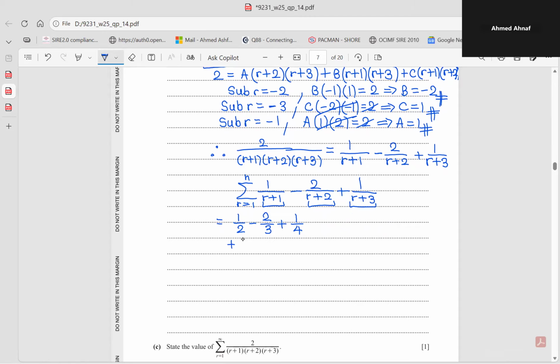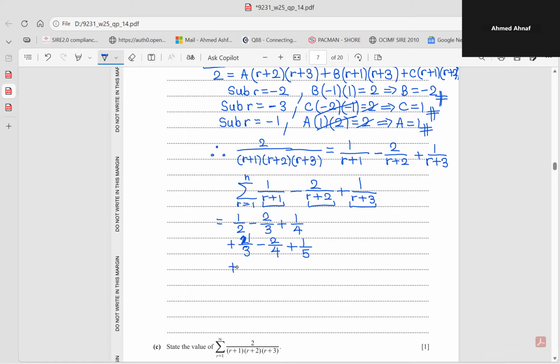So this is 1 over 3 minus 2 over 4 plus 1 over 5, okay? Let's do a few more, to convince ourselves that there's a pattern as to what terms will cancel out eventually, okay?